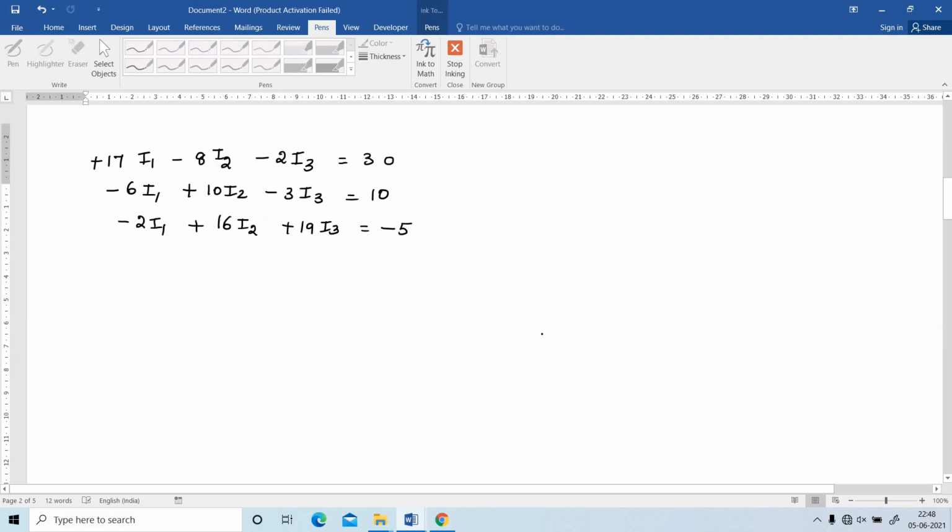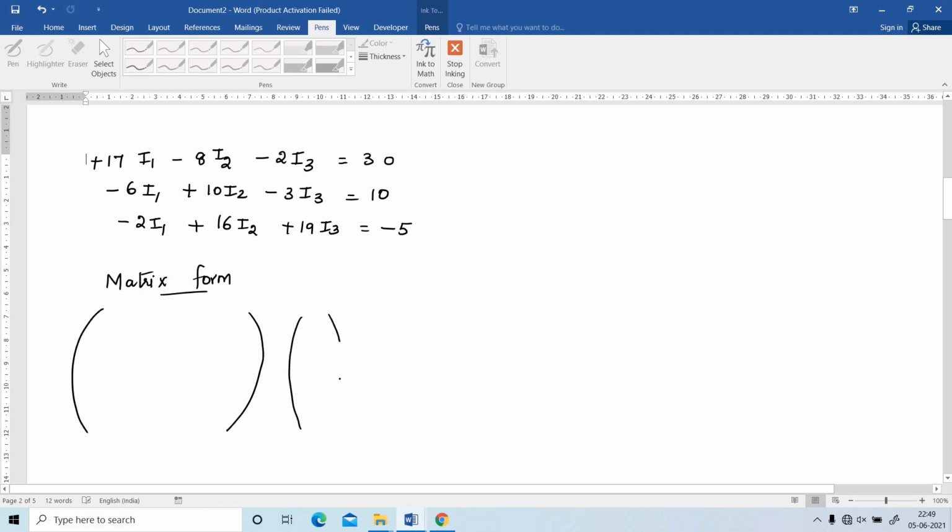Now I am going to write these equations in matrix form. Form a 3 cross 3 matrix. Then the matrix consists of I1, I2, I3.